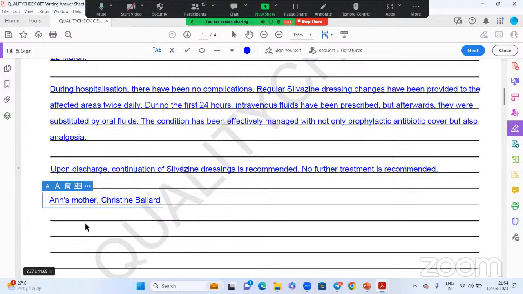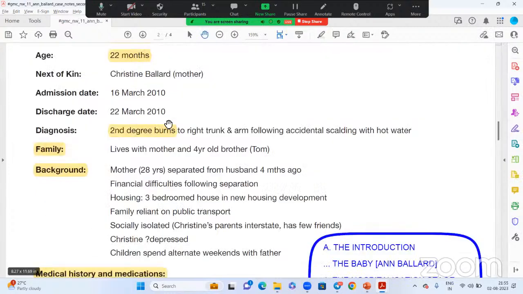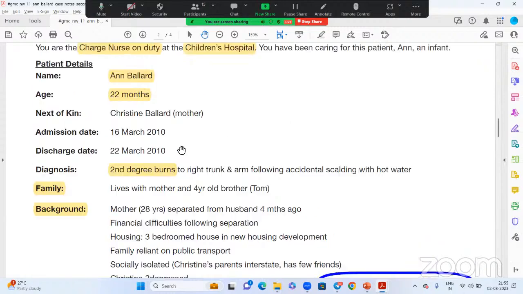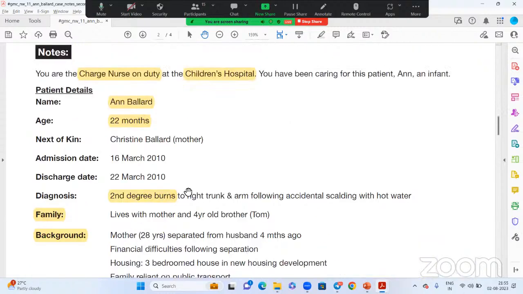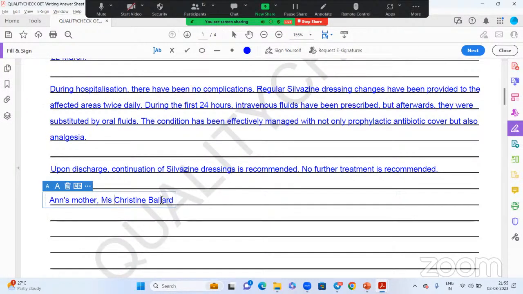Don't just write Christine Ballard. Miss or Mrs. is not given, but you know that she is separated. Because of the separation she became Miss now, not Mrs. Complicated situation. So just put Miss Christine Ballard. Anne's mother, Miss Christine Ballard, then comma.